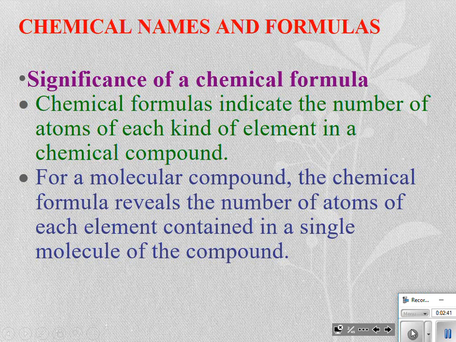Now, as we talk about this, a chemical formula indicates the number of atoms of each kind of element in a chemical compound. Now, right here, when I show you a molecular compound, that should tell you some things. What does a molecule tell you?